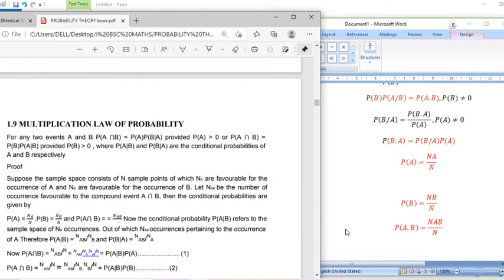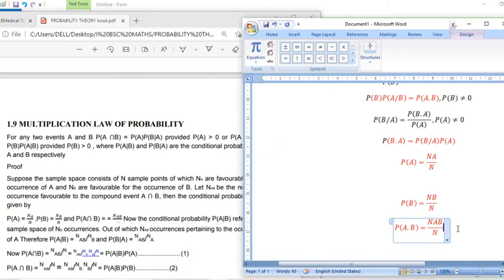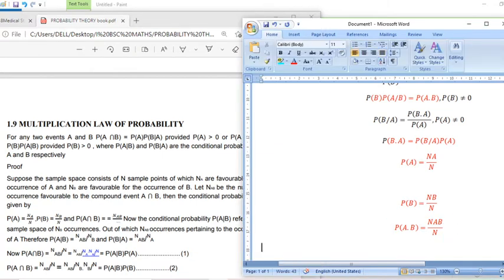The number of favorable cases divided by total number of cases. In the event B, we have NB total cases. So out of those NB total cases, what will be the number of favorable cases corresponding to the joint event AB? So what will be that probability? Probability of A given B equals what will be that probability?